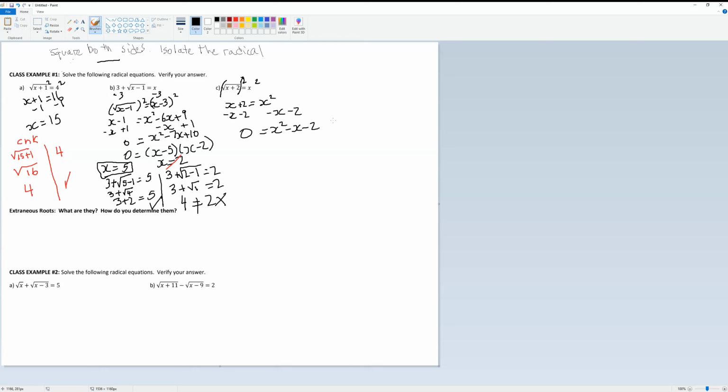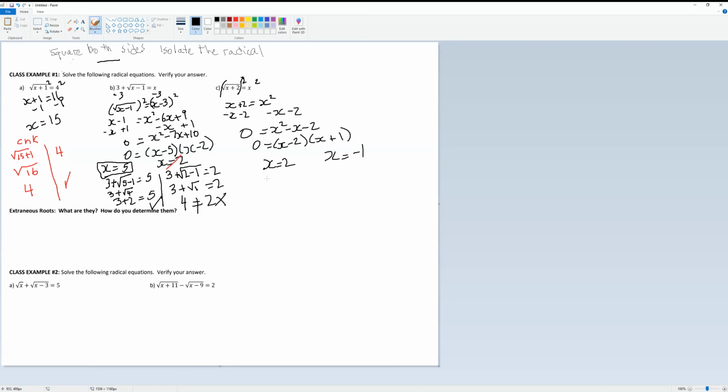Things that multiply to negative 2 and add to negative 1, we could do 0 equaling x minus 2 times x plus 1. I think that would work. x squared minus 2x plus x would equal minus x minus 2. Yeah, that works. So we get two solutions from this: x equals 2 and x equals negative 1. We have to check them both now.